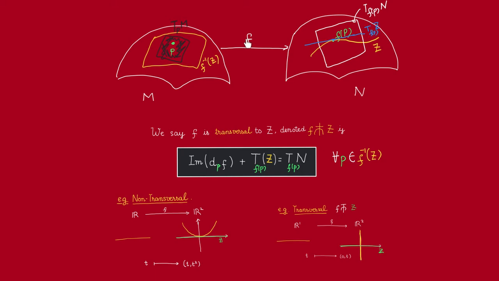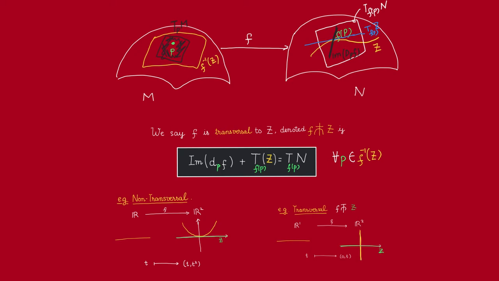Now this map F induces a map on tangent spaces. So let's say the image of T_P M under this differential, this derivative d_P F, is this line here. Again, I'm drawing it as a line, but that doesn't mean it's actually one-dimensional. Now, what does it mean for F to be transversal to Z? Well, F is transversal to Z if this black line and this blue line together generate this plane that I drew here.